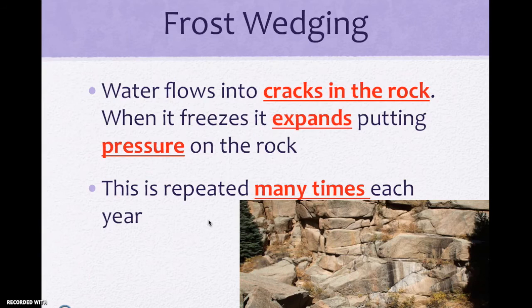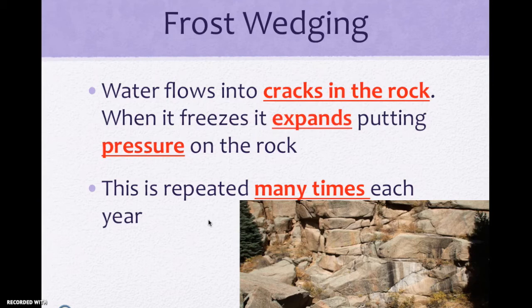Now, the first type of physical weathering we'll go over is actually very common. It's called frost wedging. This is Jack Frost's best trick. Okay? So, you've got a rock, and that rock, even though it may look smooth, has tons of tiny little nooks and crannies. And when water flows into them, it then freezes.